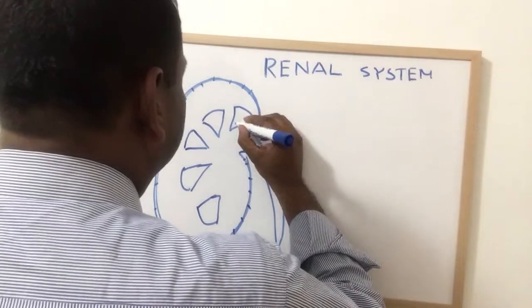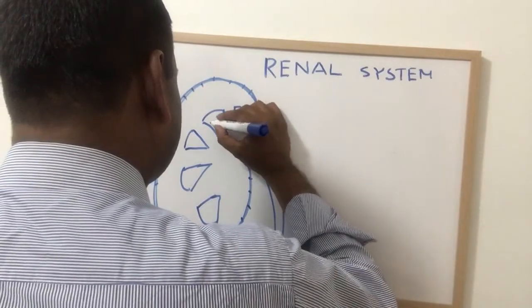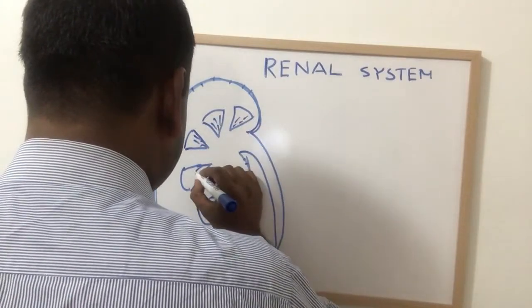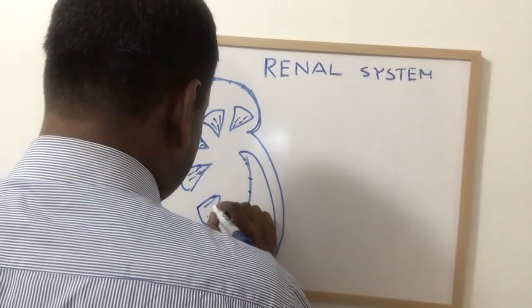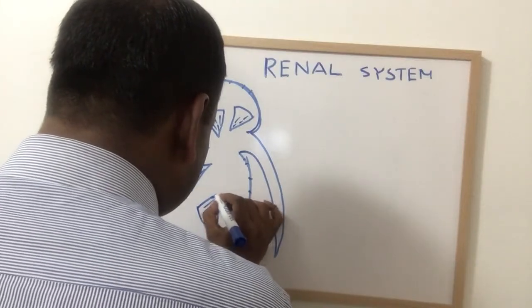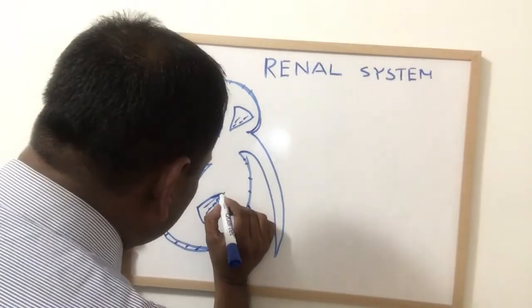Now they have some ducts here, papillae. This area is actually papillae shaped, which is nipple shaped.